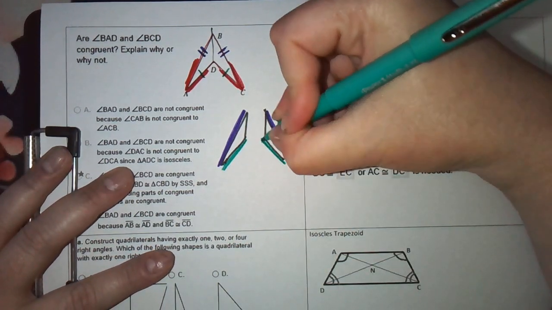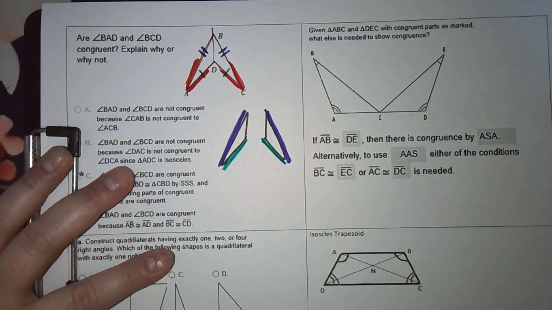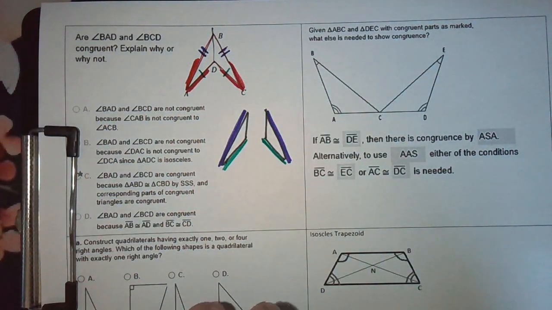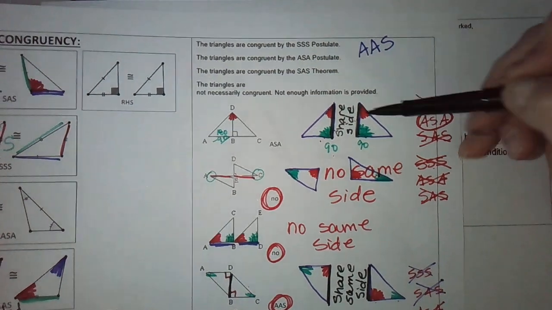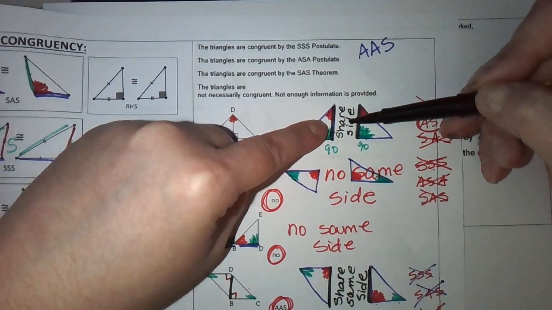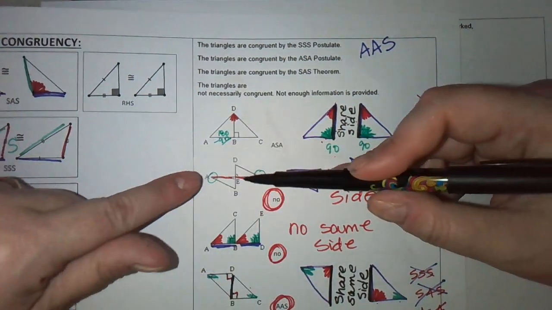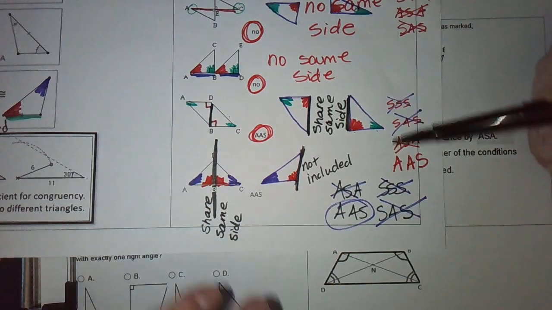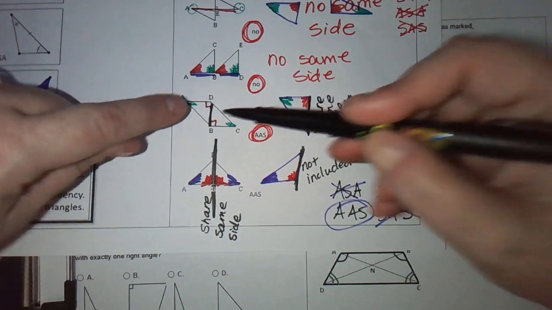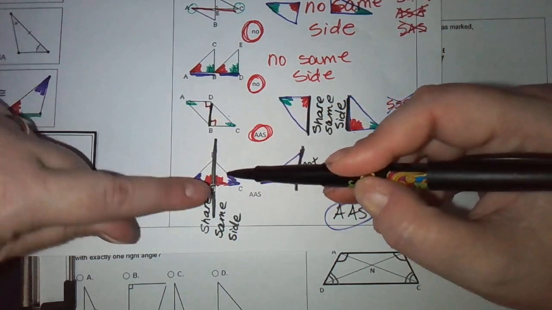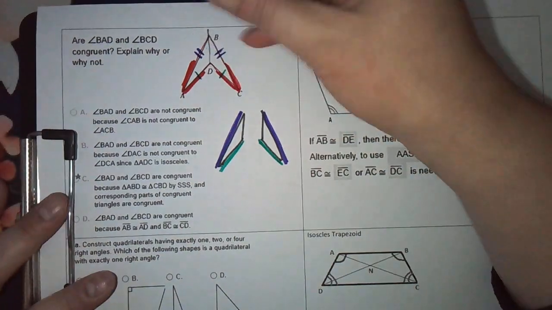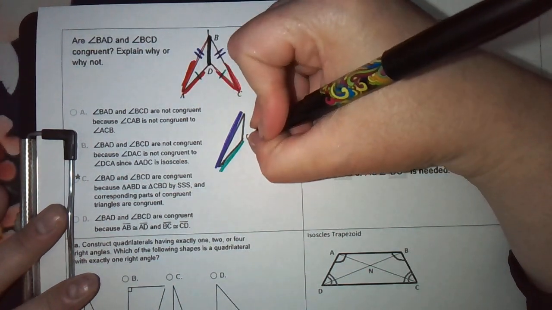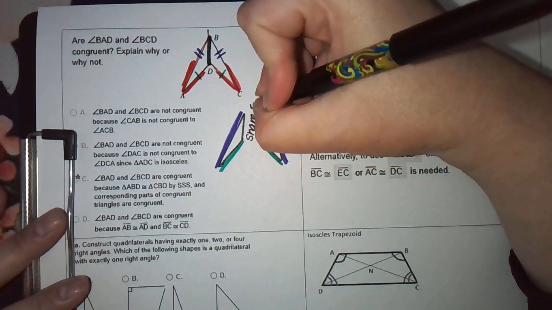Then, because these two triangles are squished up next to each other, they share the same side. Remember these triangles? They shared the same side. These did not share the same side because when you squished them up, the sides didn't touch. The only other triangles that shared the same side were these two and these two. These two triangles, they share the same side.